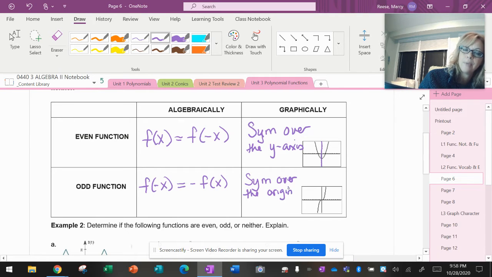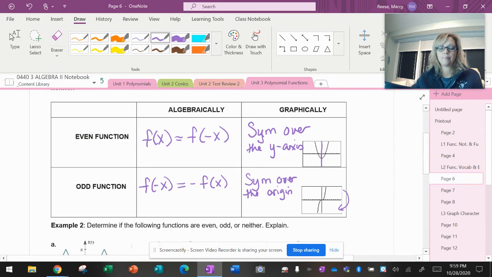What that means is if I were to flip the paper 180 degrees, or upside down, then the graph would look exactly like the original picture. So if you can imagine taking this piece of paper and rotating it 180 degrees, this graph would look exactly the same as it does right now.